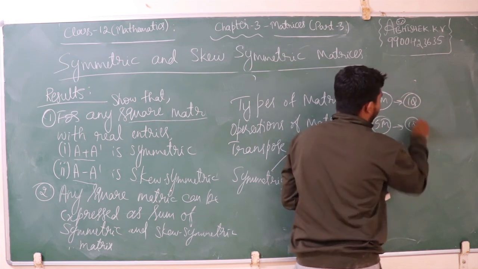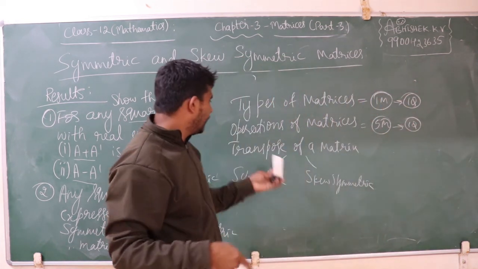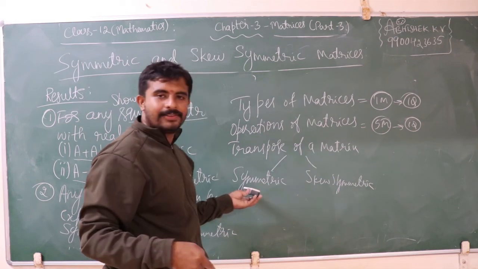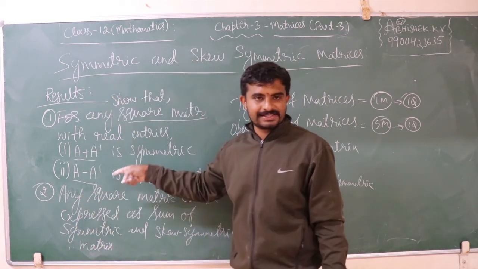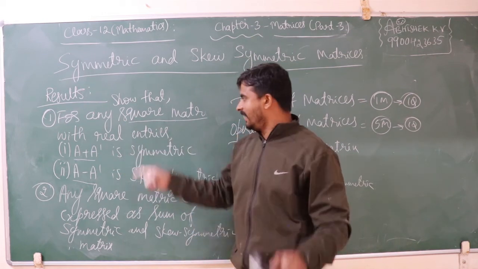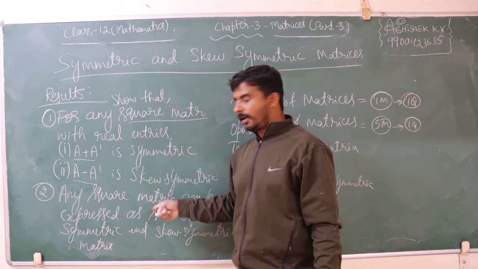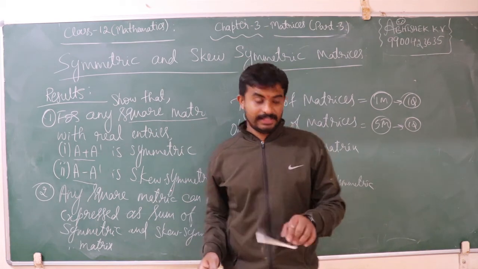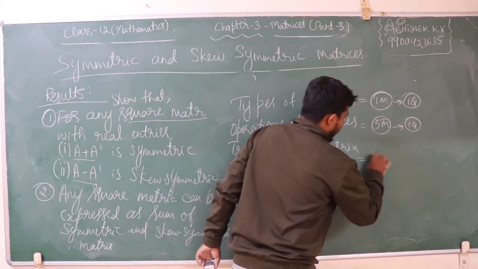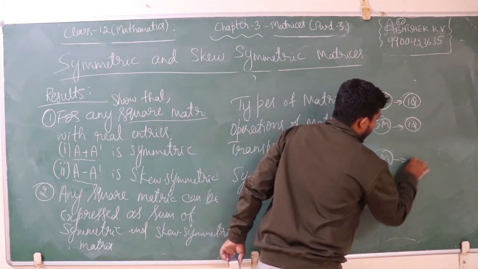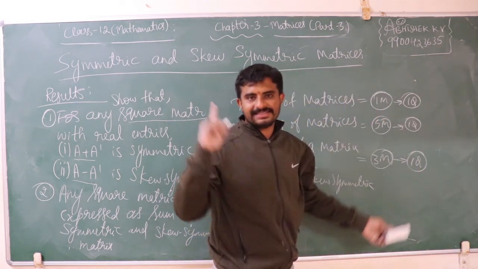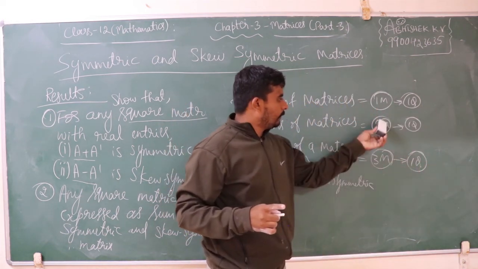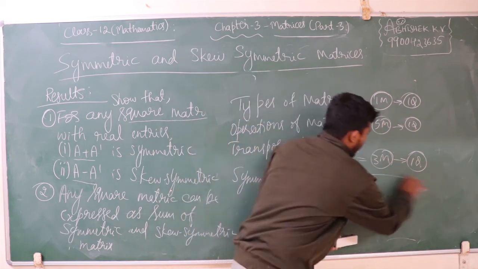In transpose of a matrix, we discussed symmetric and skew symmetric matrix and the results. From these two results, you will get either a proof or problems on the second result, for 3 marks, one question definitely. Totally, you have 3 questions in chapter 3, 5 plus 3, 8, plus 1, 9.